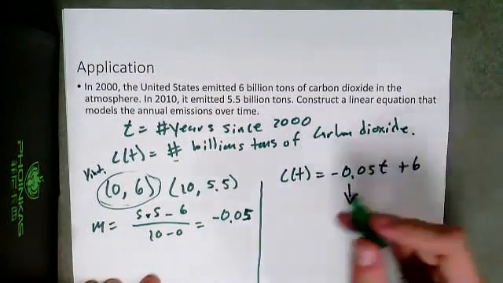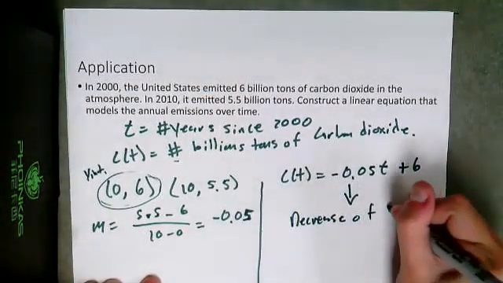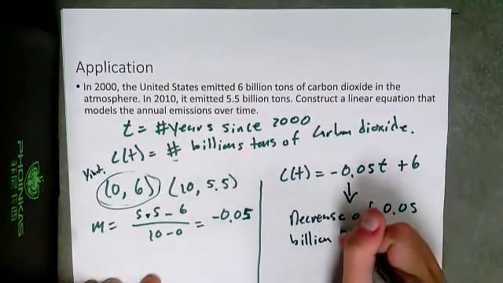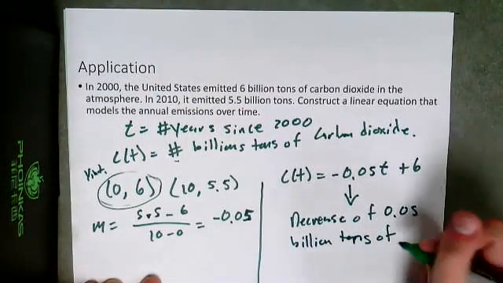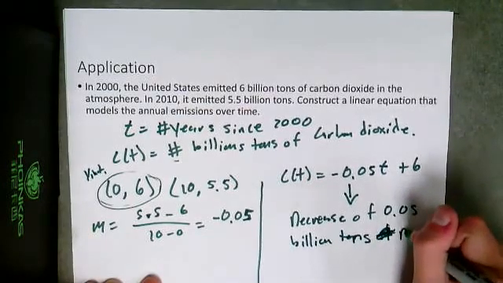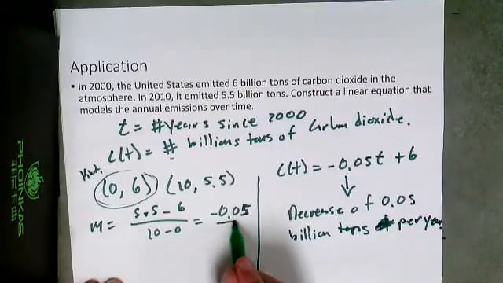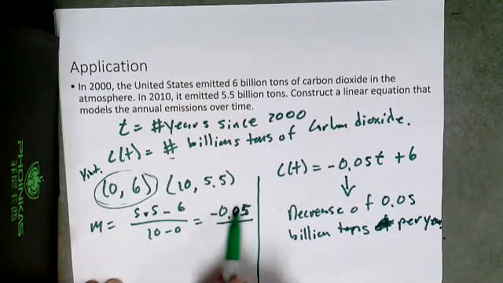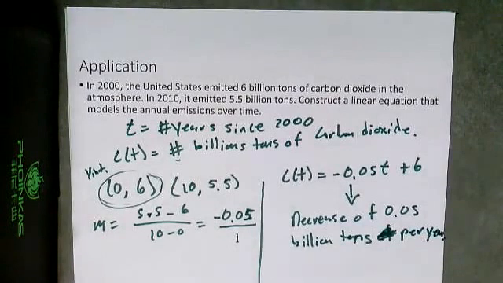And this represents a decrease of 0.05 billion tons of carbon dioxide per year. Technically this is over 1, if you want to say. So it's negative, so it's decreasing by this amount. This was in billion tons over years since 2000. That's per year. Okay?